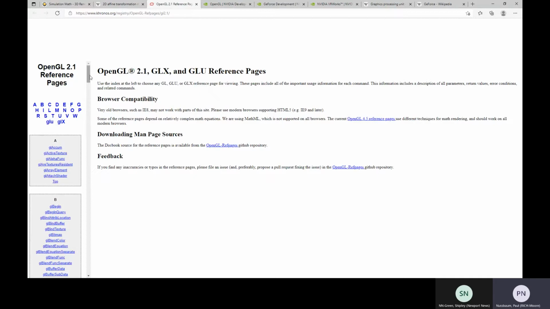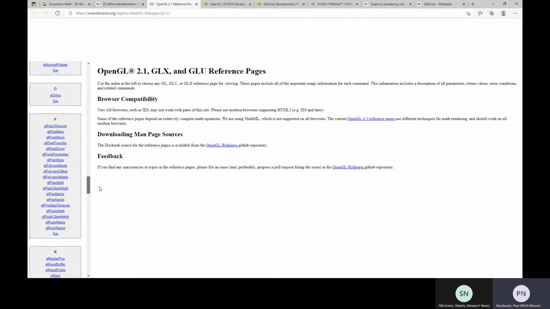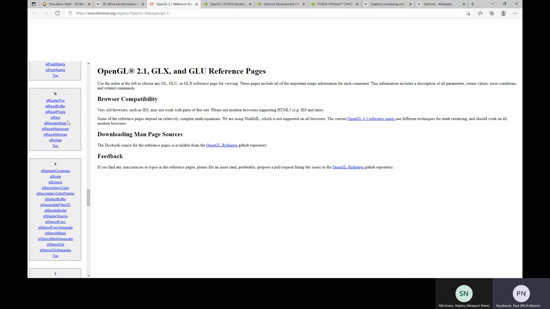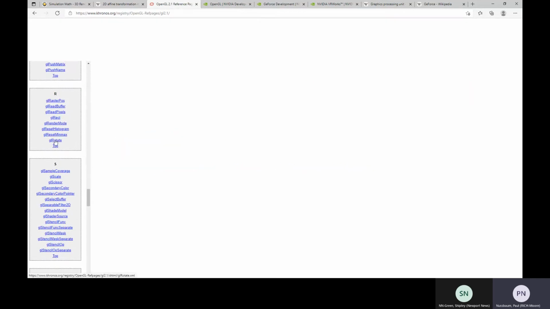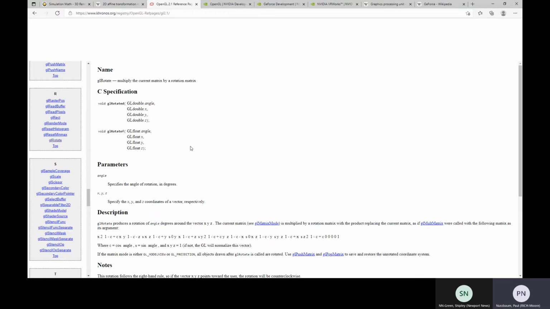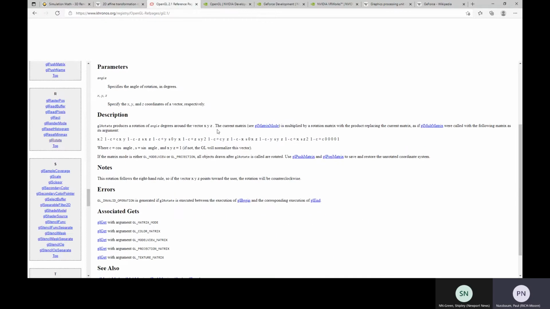And for example, we can look up the function glRotate. If I go to glRotate, this function here says that you can give it the angle that you want to rotate in a counterclockwise direction around the origin, and then the X, Y, and Z coordinates of the point in space that you want to rotate, and it'll return the new X, Y, and Z rotated version for that point.